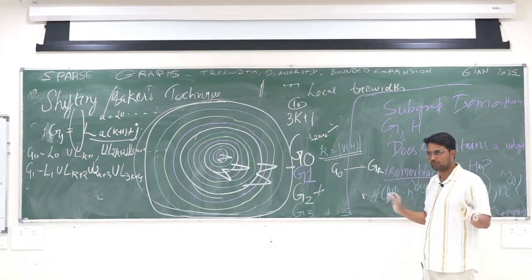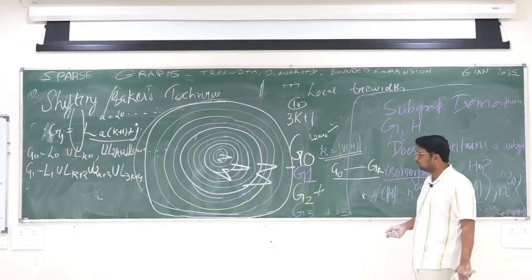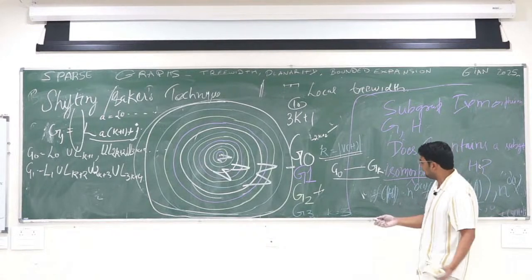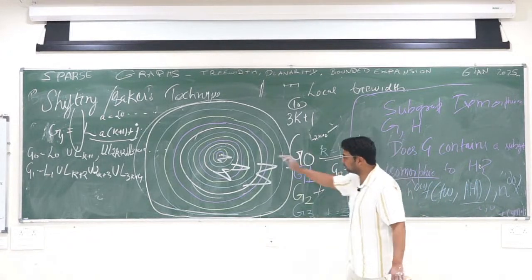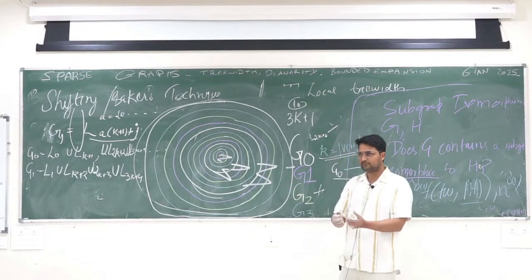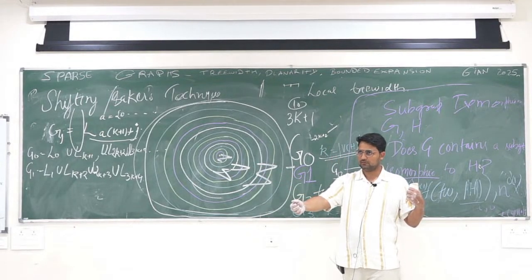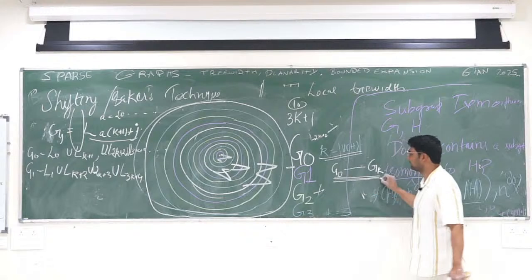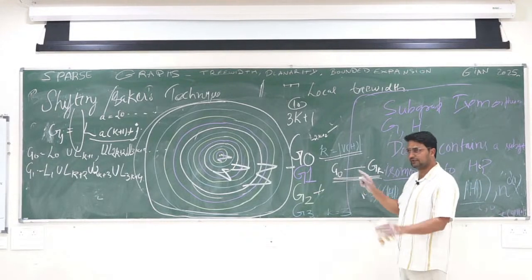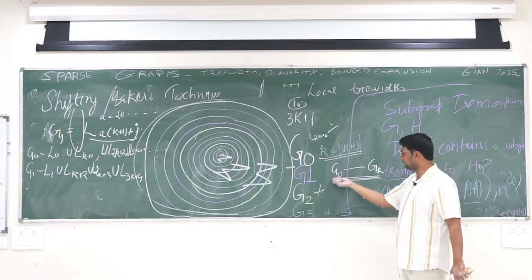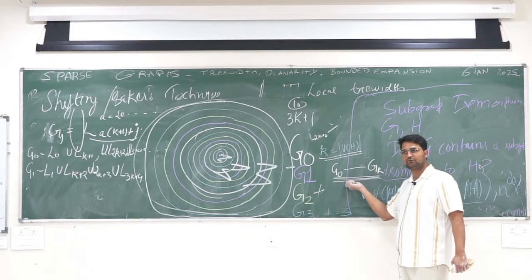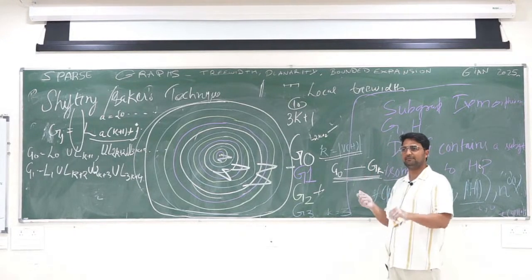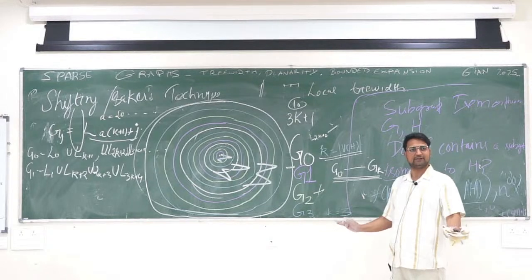Now, we know that if my subgraph is isomorphic to H, it can contain at most k vertices. So since it has at most k vertices, and I have k plus 1 components, at least one of these components will not be contained. When I get a solution, at least one of these components will be missing.